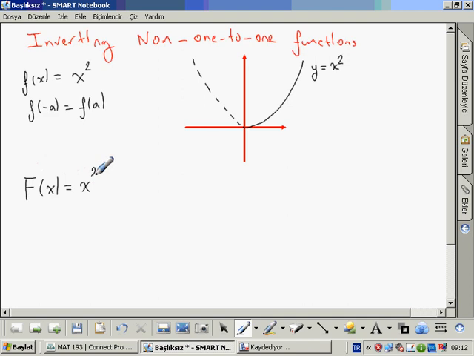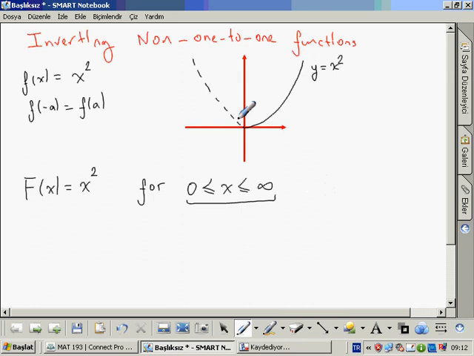It's the same f of x equals x squared, but it's defined on the domain 0 is less than or equal to x is less than or equal to infinity. In this interval our function can be inverted.